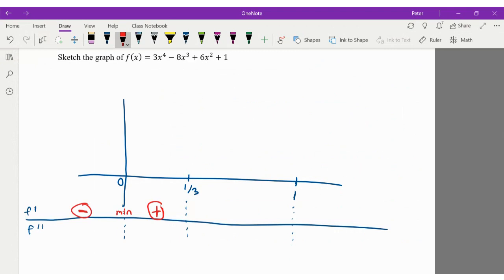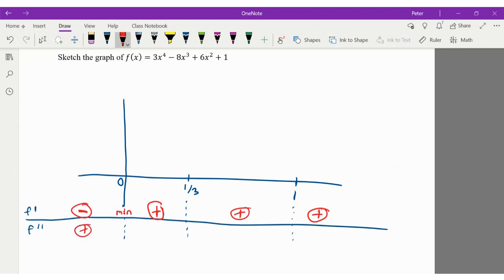We also saw that the function was still increasing there, and it was still increasing here. So we had positive first derivatives. And then here we had concave up.